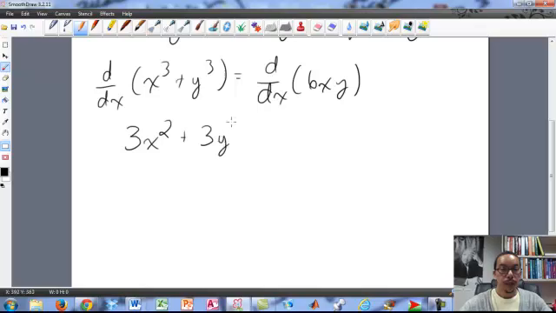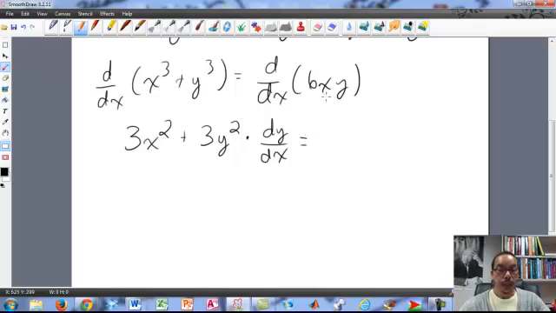The inner stays the same, y squared. And then you multiply times the derivative of the inner. So the derivative of y with respect to x is dy dx.